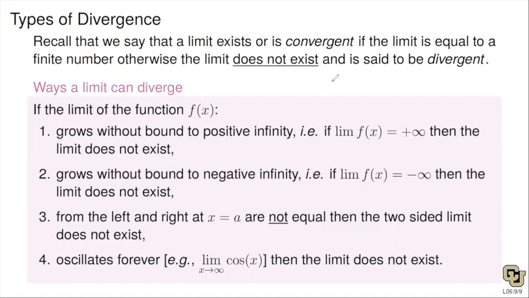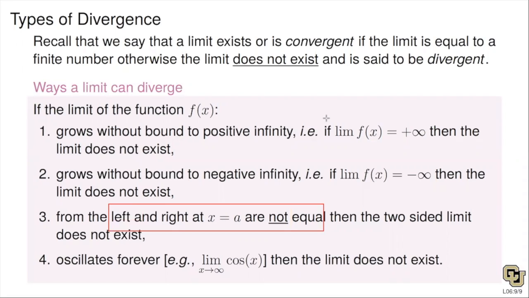And in each case, the way the limit does not exist is different, right? When it blows up to plus infinity, or goes to negative infinity, when the limits from the left and the right aren't equal, or when it oscillates forever, these are four different types of behavior that we can identify for a limit not existing. I think it's important, because sometimes students will think the only way a limit cannot exist is if the left and right sides aren't equal.